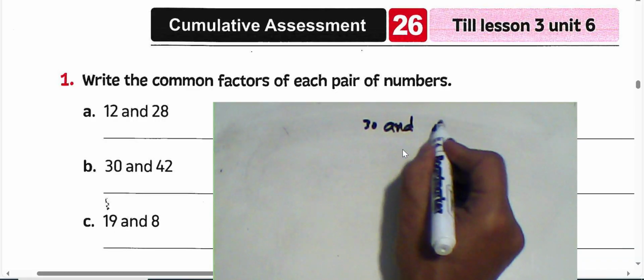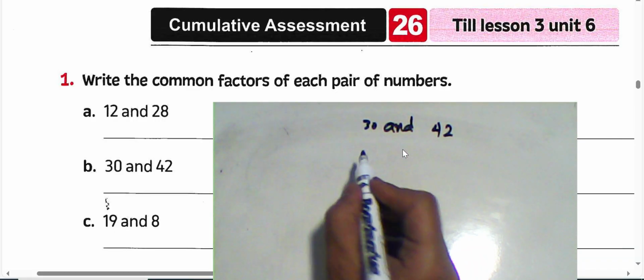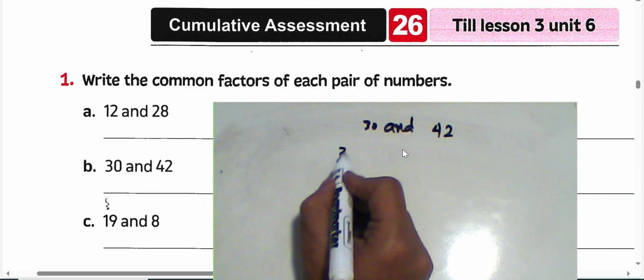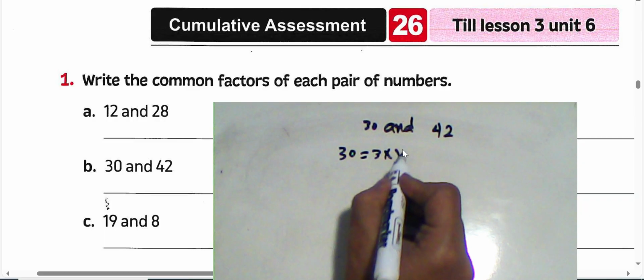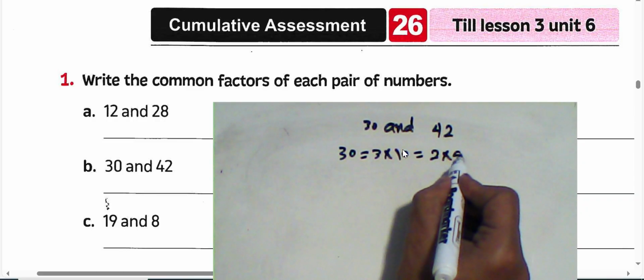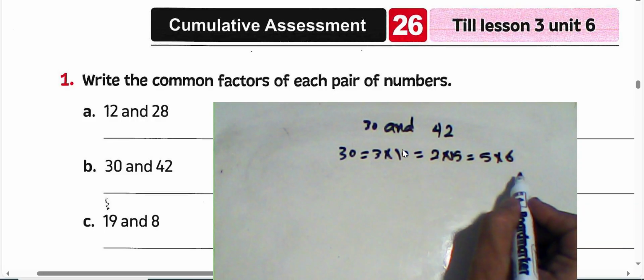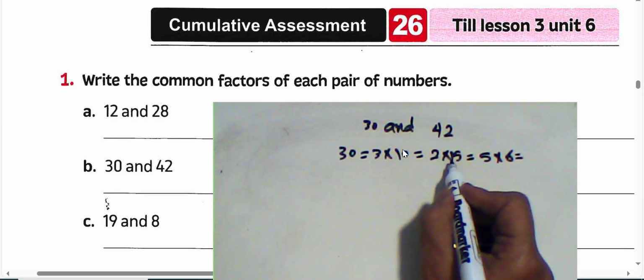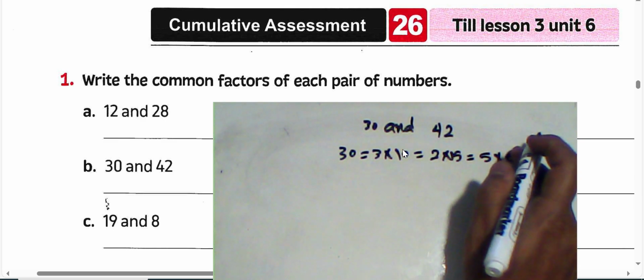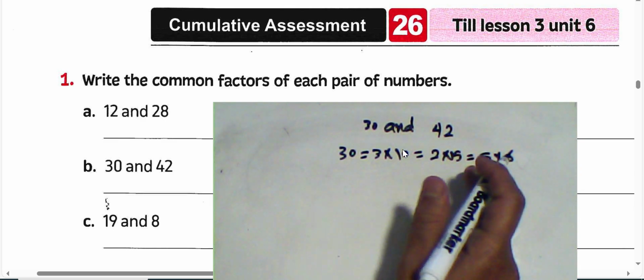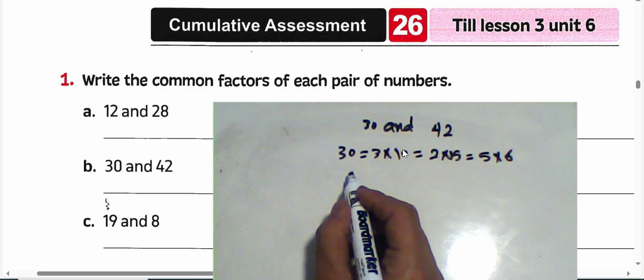30 and 42. We can write the common factors between them. We know 30 equals 3 times 10, equals 2 times 15, equals 5 times 6.